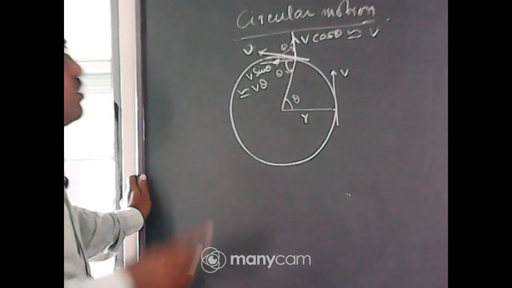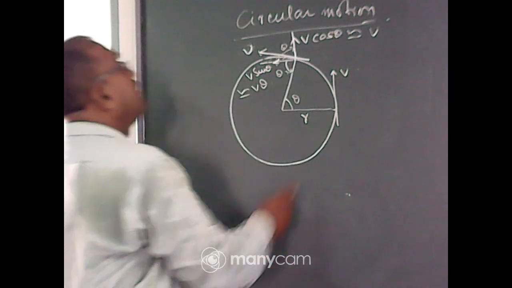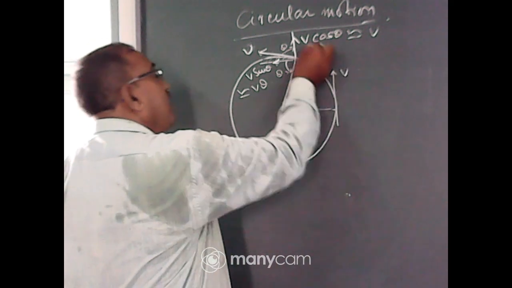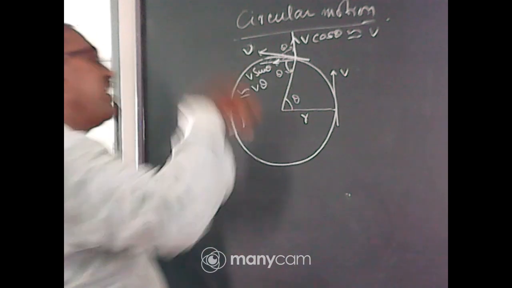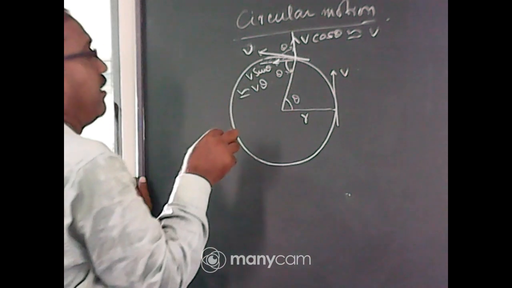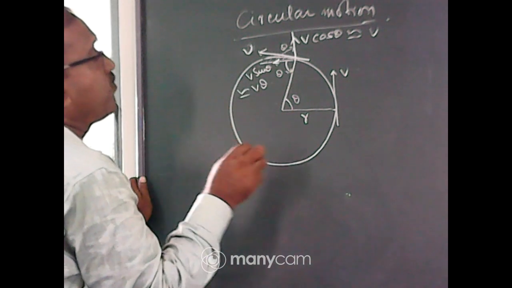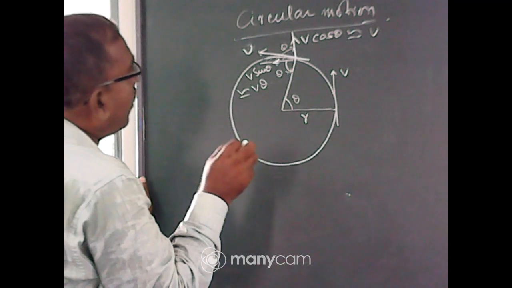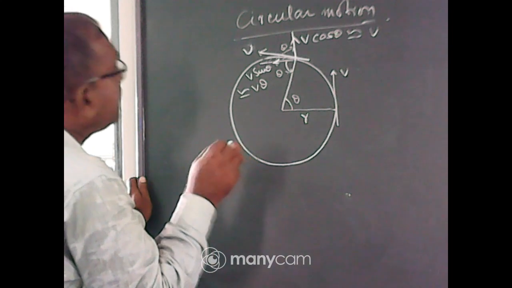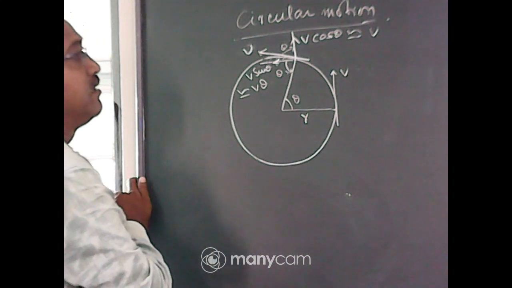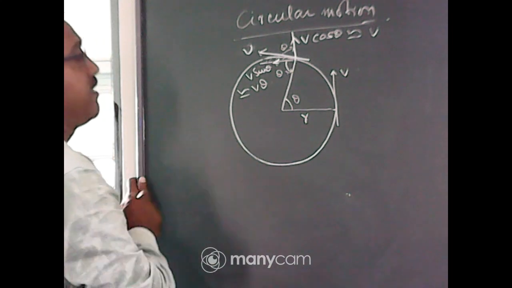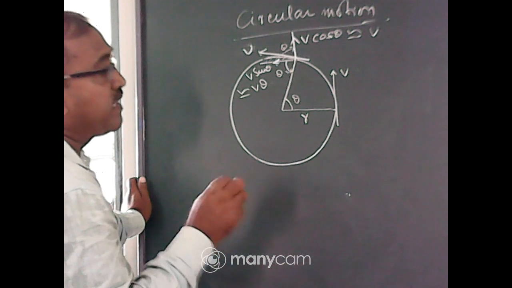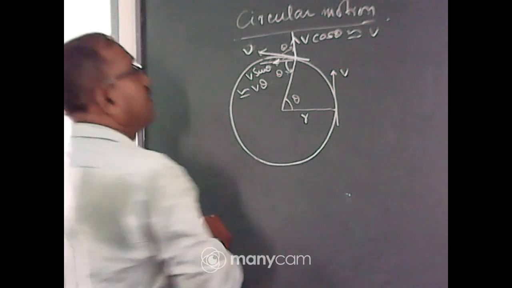So, my dear student, you check here, the value of the velocity is almost the same at each and every point on the circle, but the direction will be different. Because the direction of the particle changes from one point to another, it creates some acceleration. What will be its value and what will be its direction?